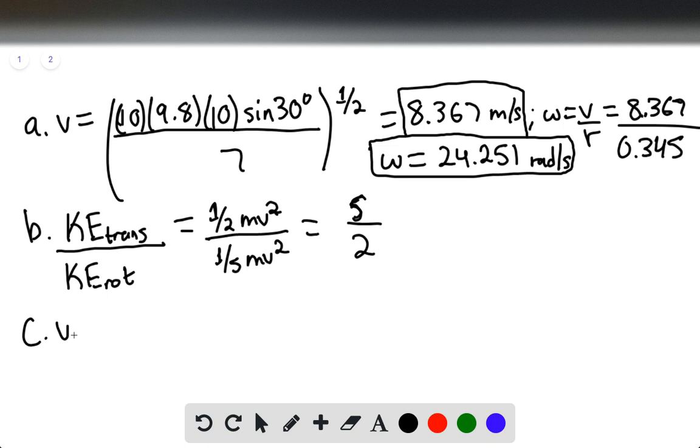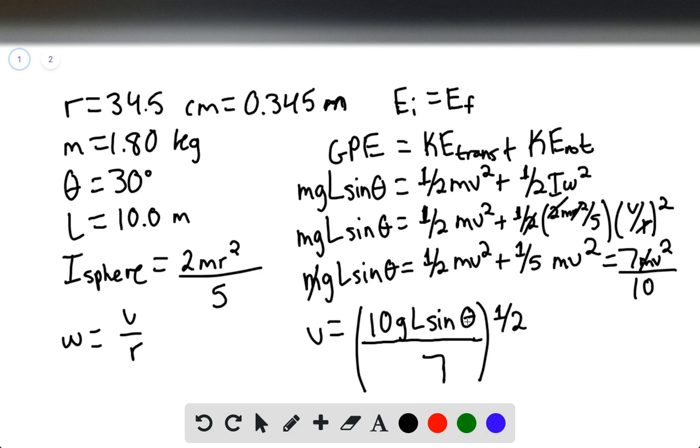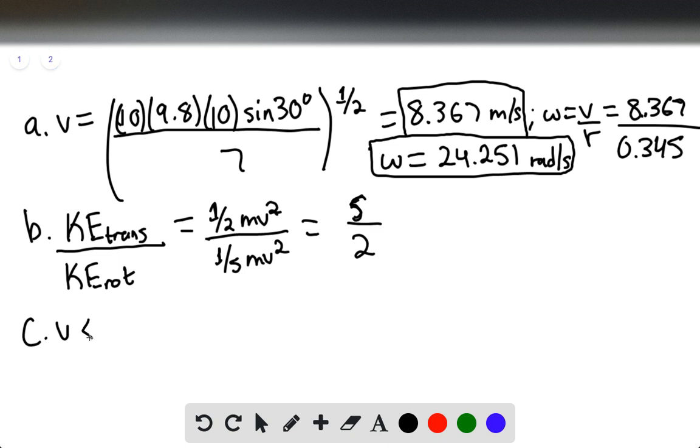Part C asks us, are these dependent on mass? So v is 10 gL sine of theta divided by 7 to the half power. That isn't dependent on mass or radius. So v is not dependent on m or r.